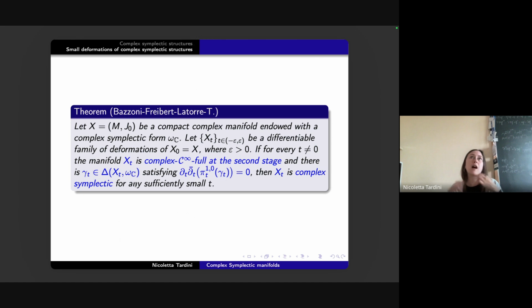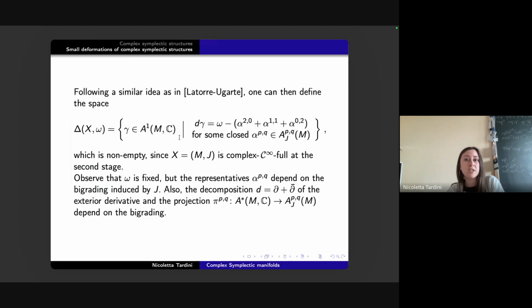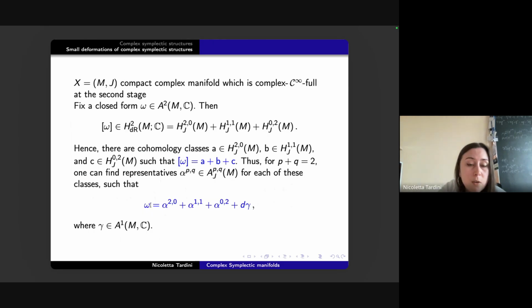Essentially, if we change the complex structure, with respect to JT, the complex symplectic form omega is not of type 2,0. It will have a component of type 2,0, a component of type 1,1, and a component of type 0,2, plus the gamma. The importance of this decomposition is that now alpha 2,0 is closed with respect to the complex structure JT.